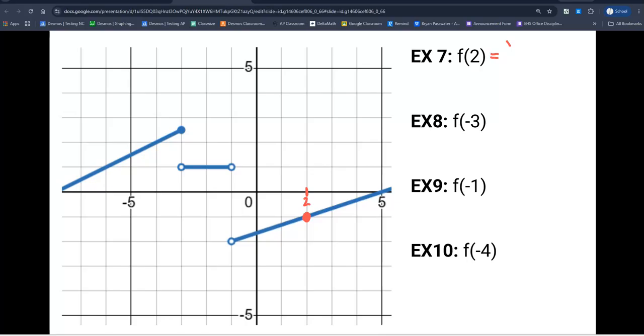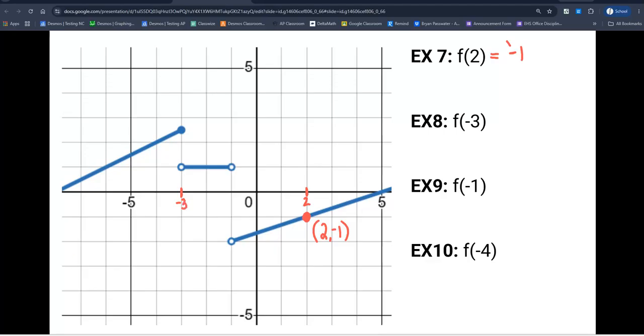Kyla, what are the coordinates of that point? 2, -1. So what is the answer to this problem? -1. The y coordinate is your point.